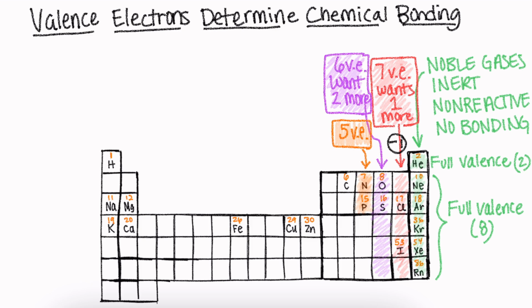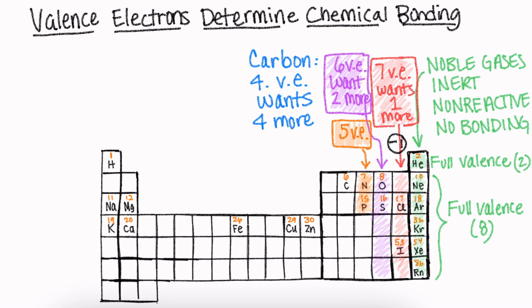The column that contains carbon is so important because carbon is going to be the backbone of all of the big molecules in your body. Carbon and others in this column have 4 valence electrons. So carbon wants 4 more valence electrons so that it can have the full complement of 8.